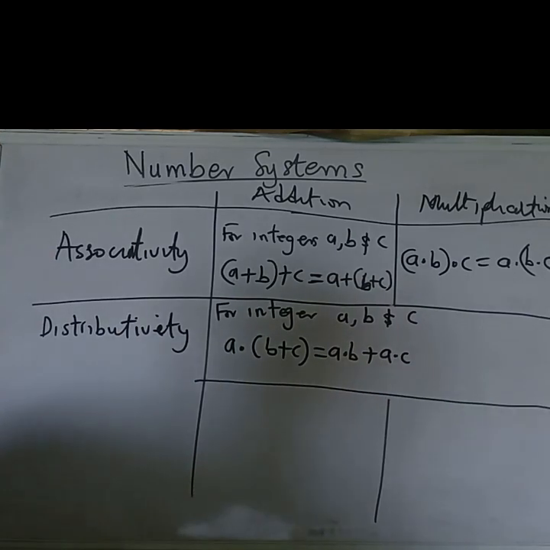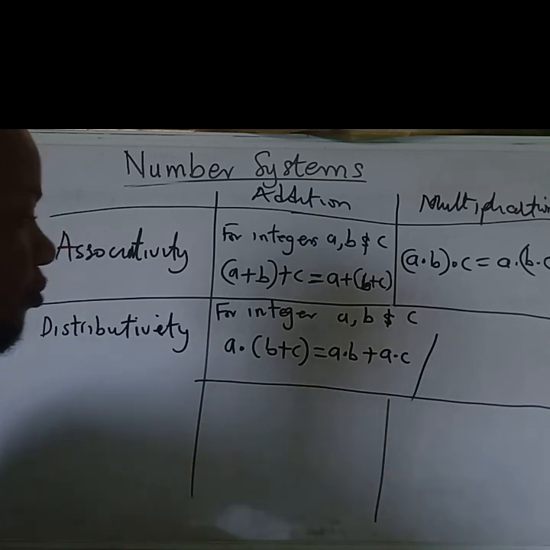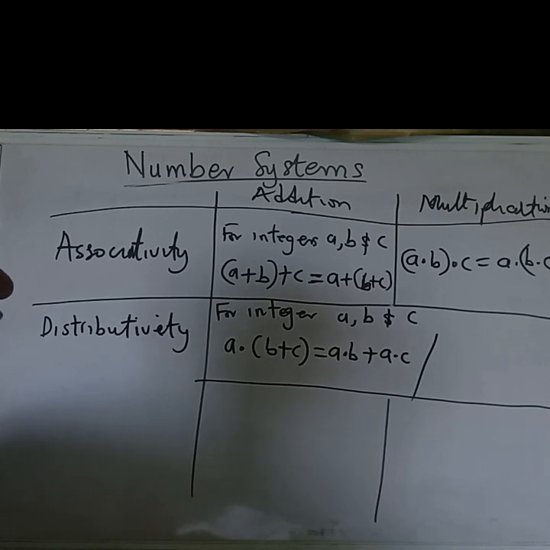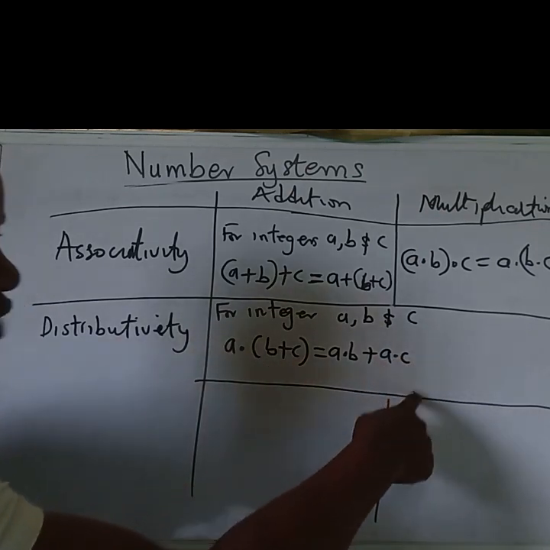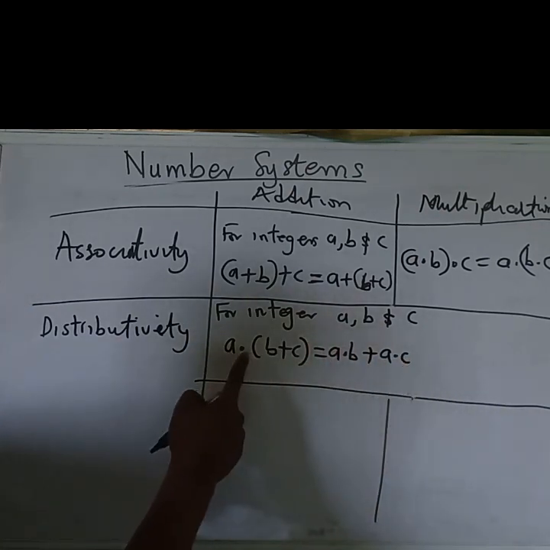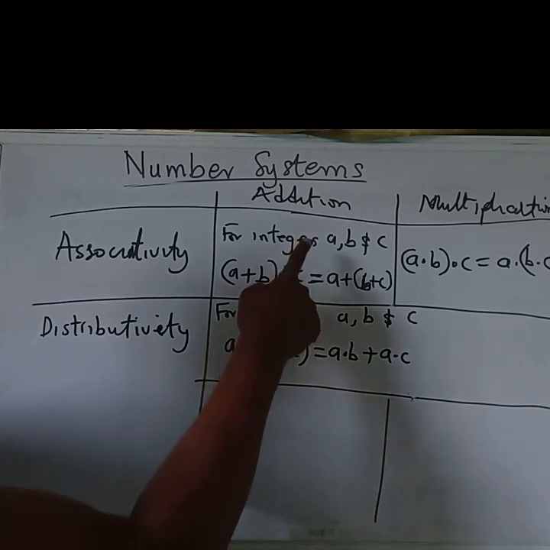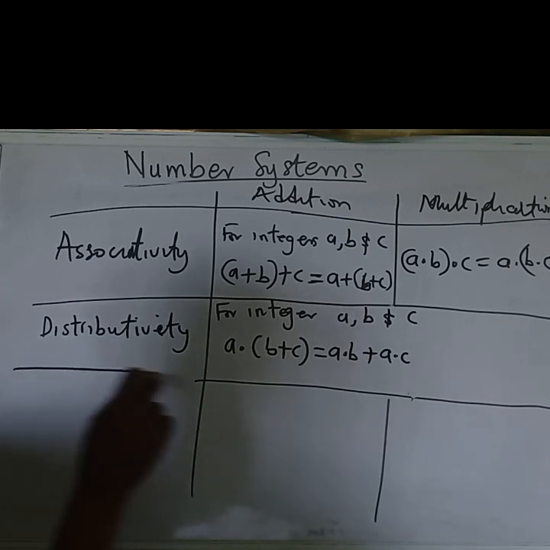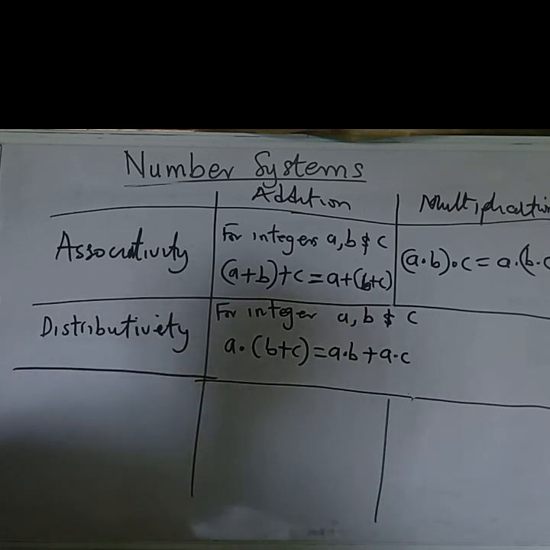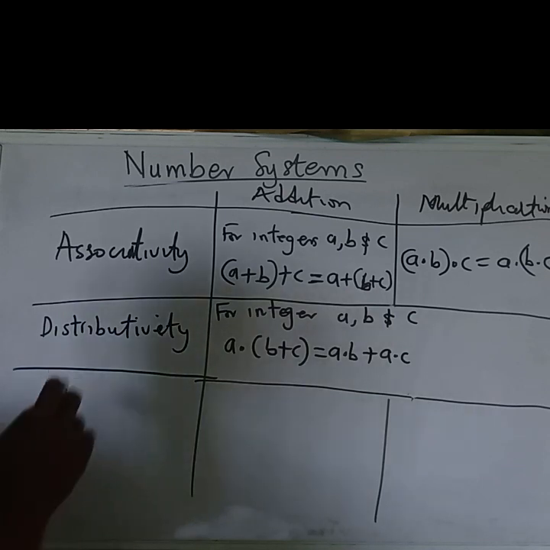If you write it the other way around, this also holds. As you can see, this combines both addition and multiplication, and it is referred to as the distributive law.